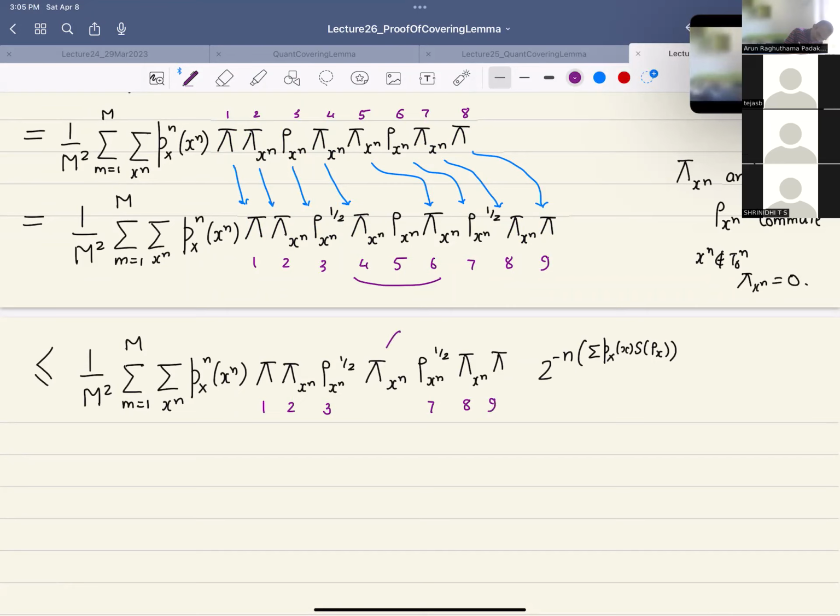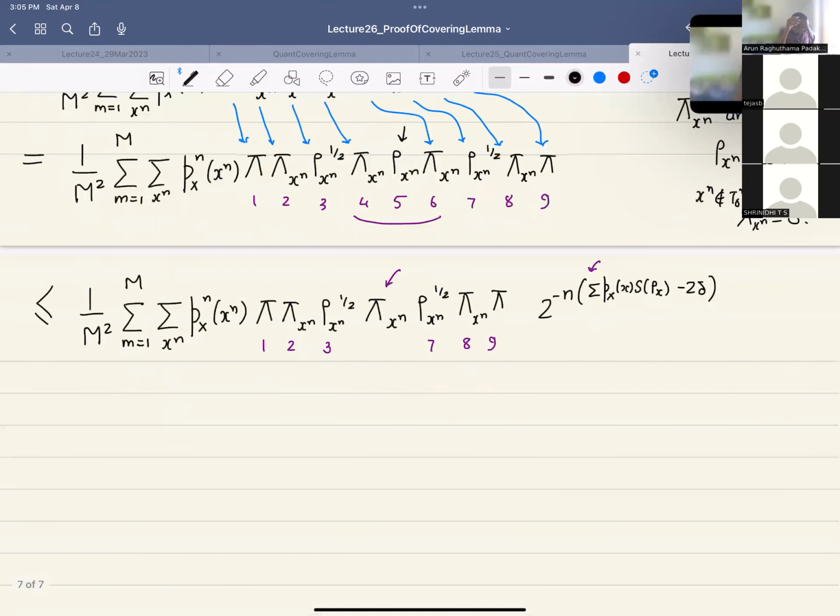I'm using conditional quantum typicality. The fact that the projectors, when you chop it off outside the conditional typical subspace, inside that they're all tightly constrained, with a minus delta or minus 2 delta or something of this sort. Okay. Now what do you do?